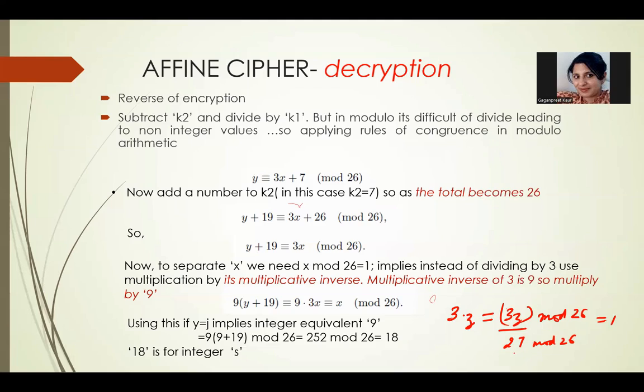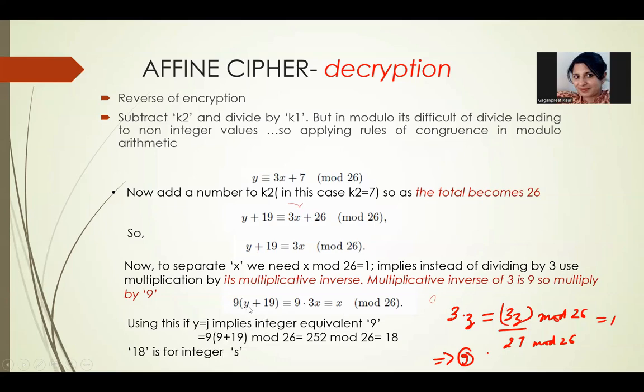What should 3 be multiplied by to get 27? 9. It implies 9 is the multiplicative inverse in this case. So I have multiplied both sides by 9. So 27x when taken mod 26 gives me the value 1. So x is the remainder, x into 1 is x. So now I have the equation 9 into (y plus 19) equal to x.